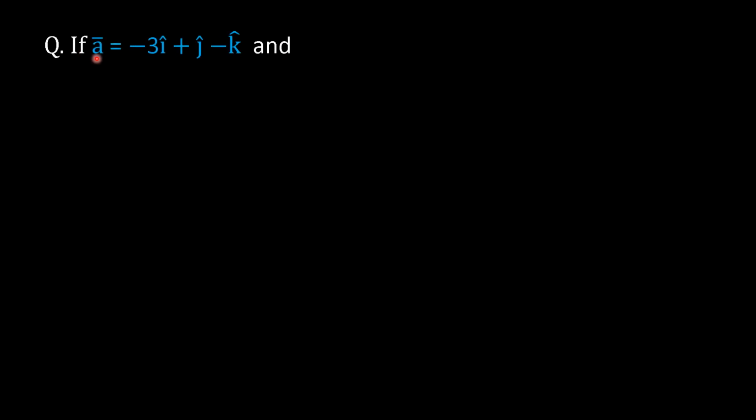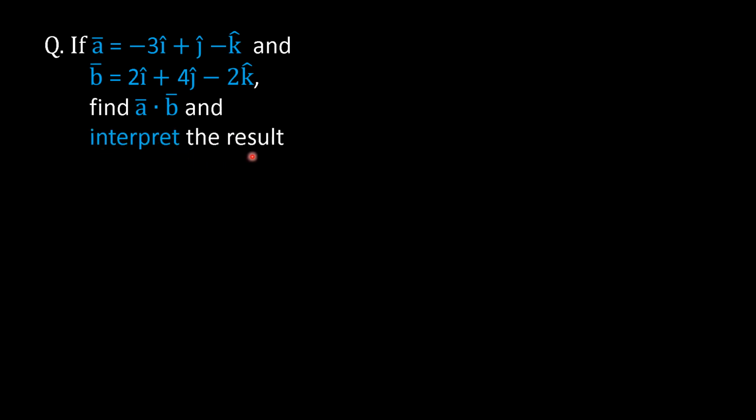If vector a bar is minus 3 i cap plus j cap minus k cap and b bar is 2 i cap plus 4 j cap minus 2 k cap, then we have to find a bar dot b bar and interpret the result.